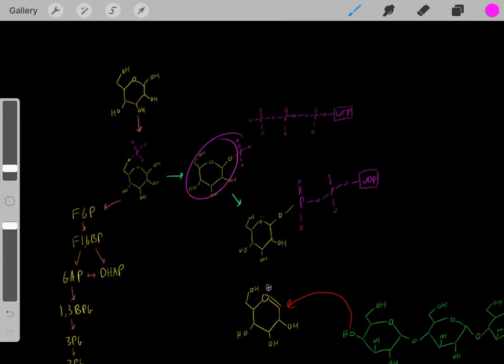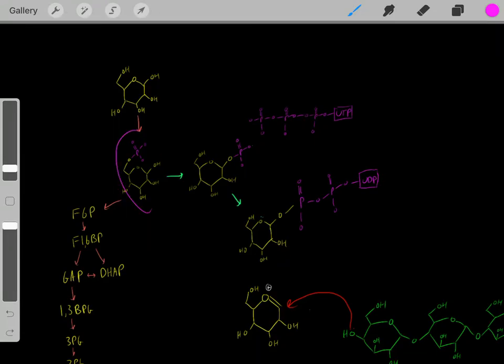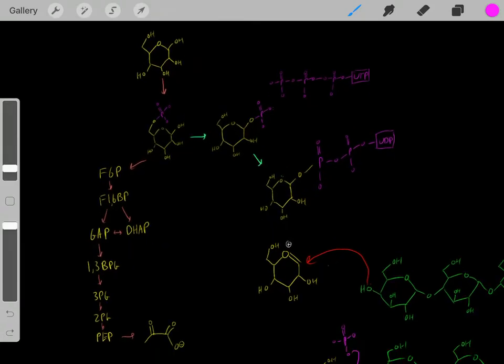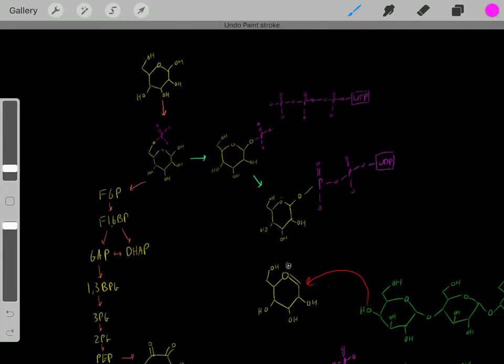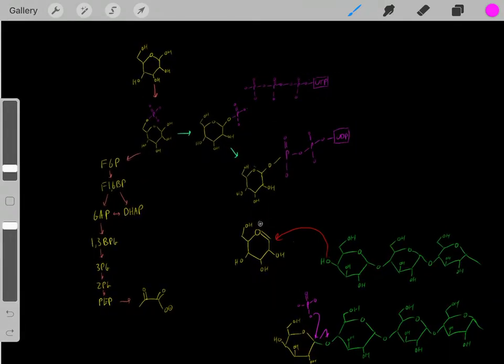Now that we have this glucose 1-phosphate, it's one quick reaction to create glucose 6-phosphate. Now we have glucose 6-phosphate, and again this glucose 6-phosphate can enter different pathways. It can either enter glycolysis to create ATP, or it can go in the reverse direction, creating glucose, which maybe we can now dump into the bloodstream to restore blood glucose concentrations. So again, this is the process of glycogen synthesis and glycogen degradation.